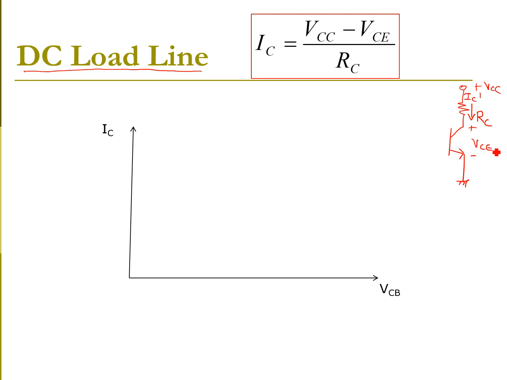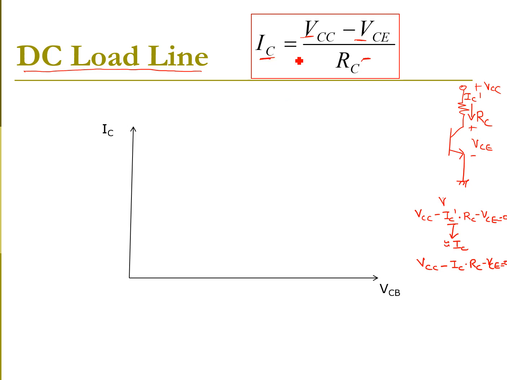Apply KVL to this, we get VCC minus IC dash RC minus VCE is equal to 0. IC dash is approximately equal to IC, which we have already seen in the output equation. So IC into RC minus VCE is equal to 0. From this, you can find the equation of IC, which is (VCC minus VCE) upon RC.